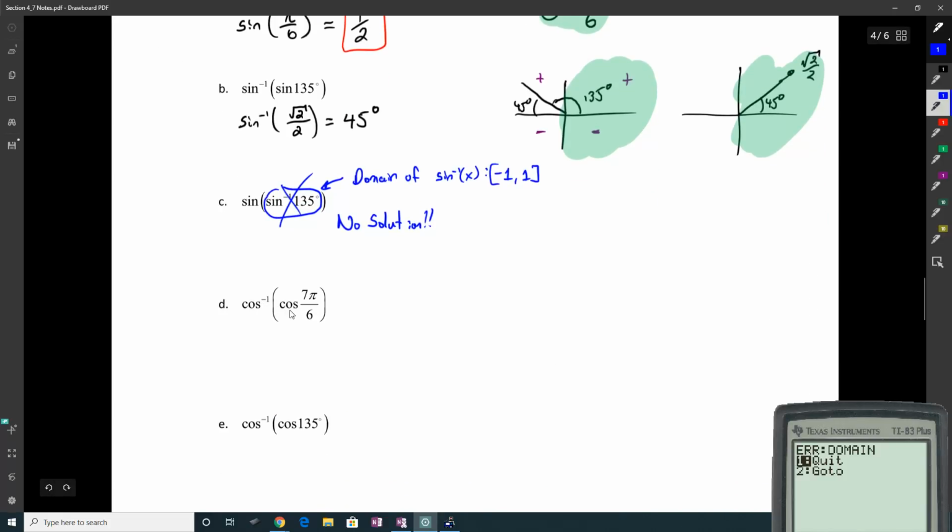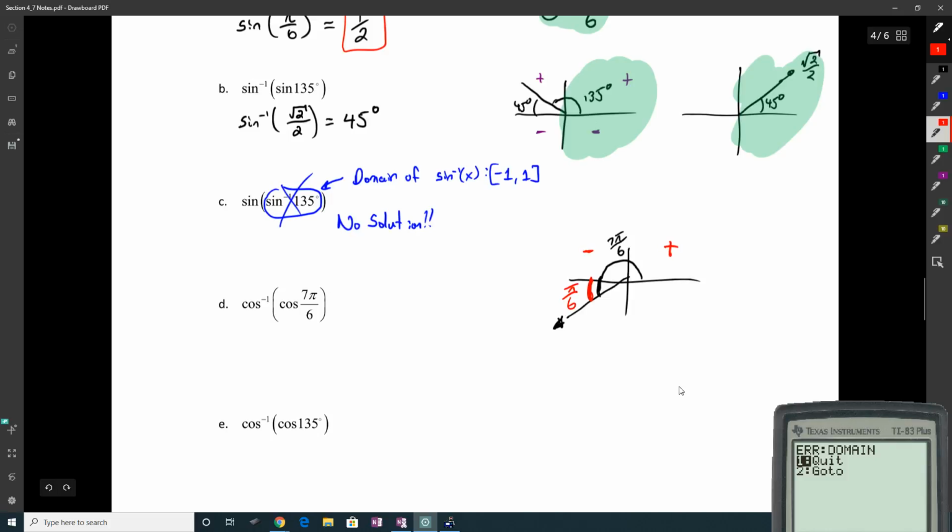Okay? Cosine inverse of cosine of 7 pi over 6. Okay? Working at this one. 7 pi over 6 is over here. The reference angle for that, though, is just this part, which is just pi over 6.